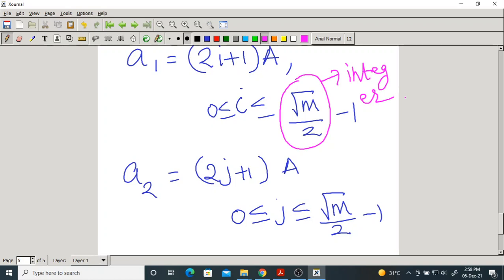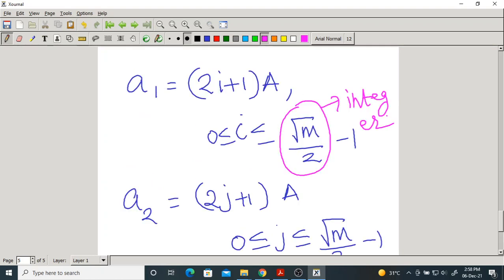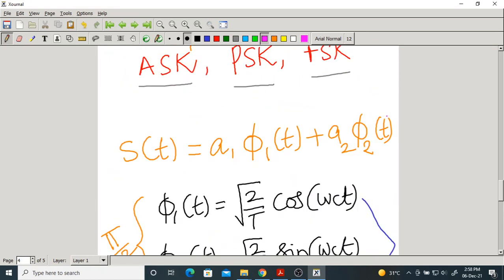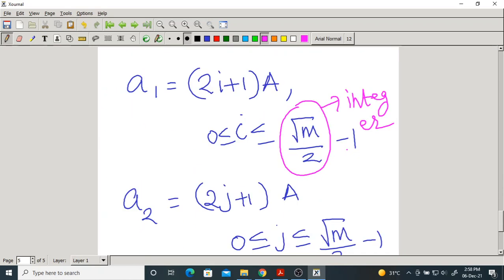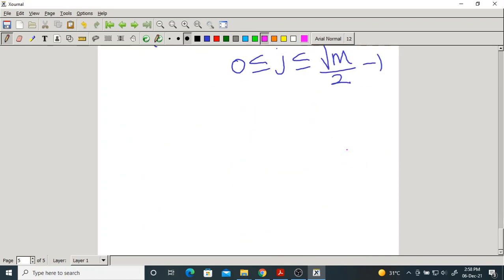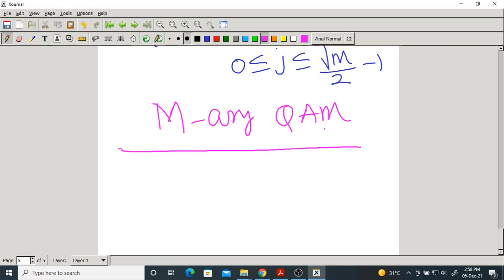So these are the QAM equations. We define A1 phi1 of t plus A2 phi2 of t, where phi1 of t and phi2 of t are in quadrature to each other, and A1 and A2 are defined like this. You already know what M is. We say M-ary QAM. M defines the number of energy signals that you are transmitting.